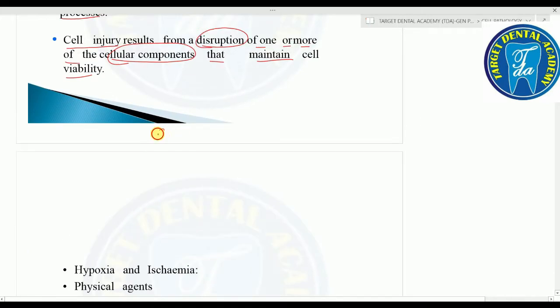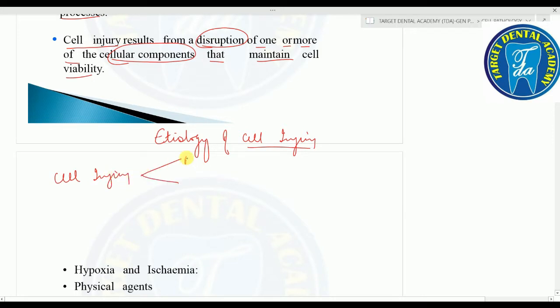Coming on to the etiology of cell injury. So basically the cell injury is of two types: the reversible injury and the irreversible injury.